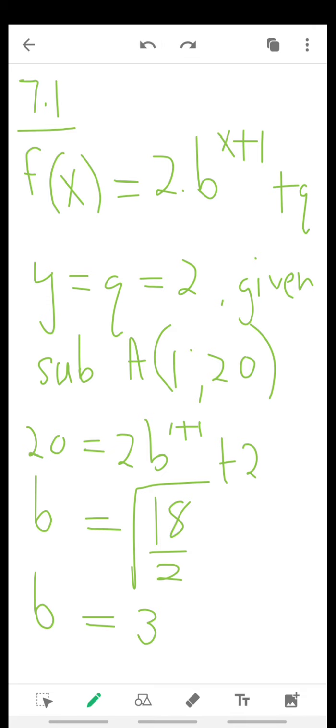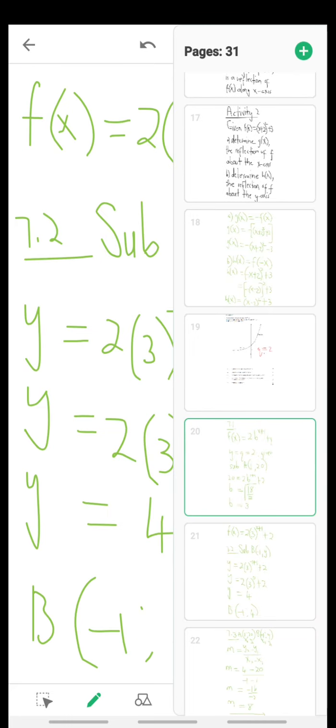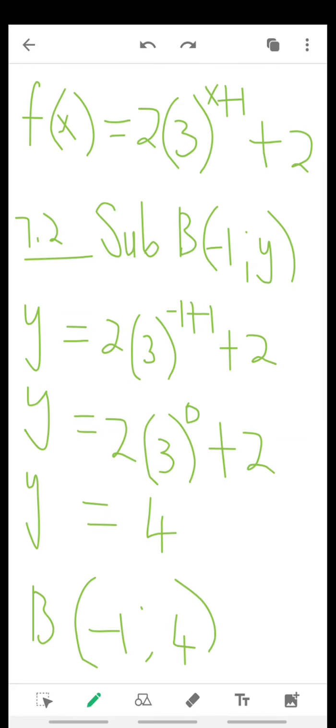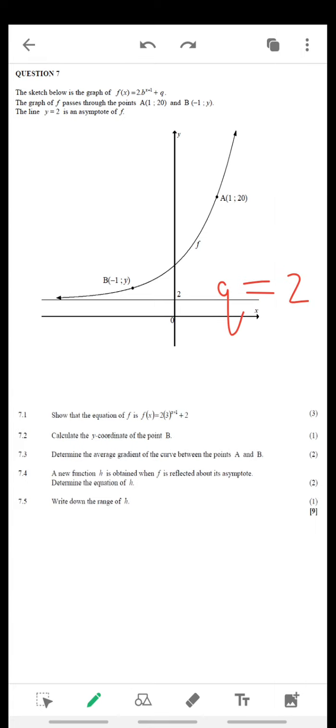Okay, not a negative 3, but a 3. Okay, b is positive. So after finding that b is a 3, I wrote the full equation. f of x equals 2 times, where there is b, I put 3 to the power x plus 1 plus 2, which was q. Okay, very important. Now let us go to 7.2.